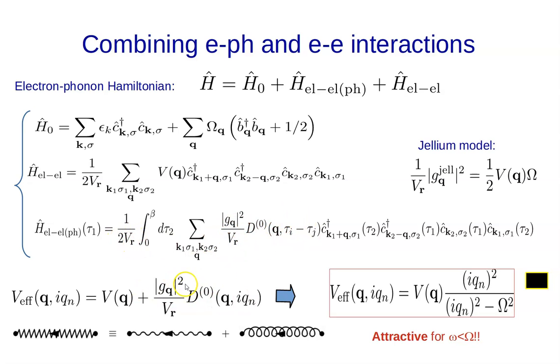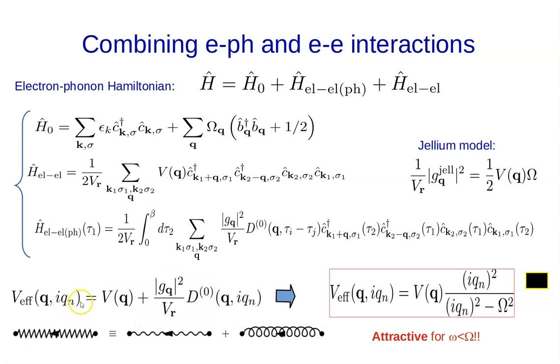phonon propagator. Now, if I take the Fourier transform of this one and write this in terms of Matsubara frequencies, I now see that my effective electron-electron interaction will also be retarded, because this is a retarded interaction as well, and will have this form.